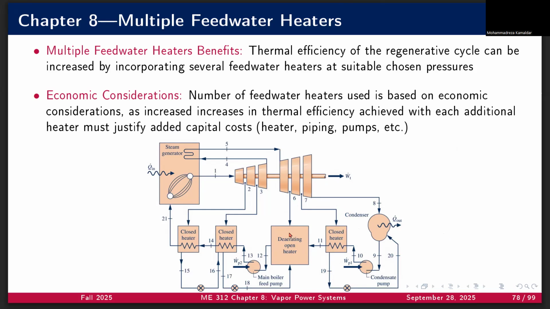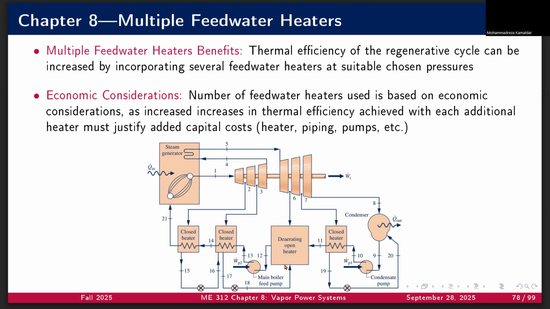We have an open heater here in the middle, which often operates above atmospheric pressure. This specific type of open heater is critical because it allows the deaeration process, basically the venting of dissolved oxygen and other non-condensable gases, which is necessary to minimize corrosion throughout the cycle.